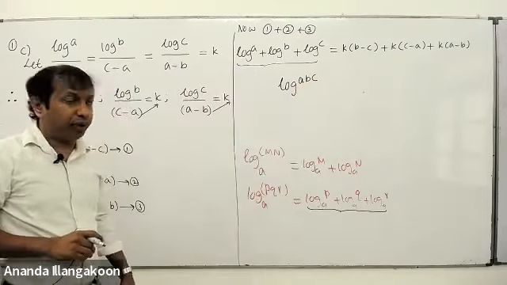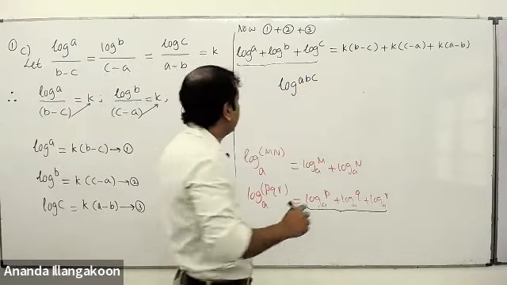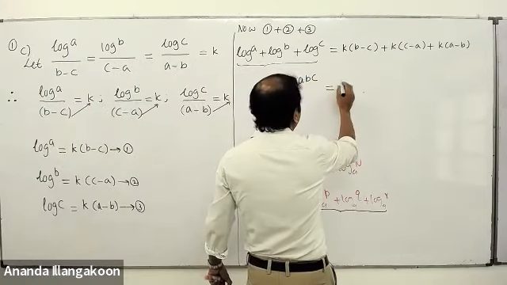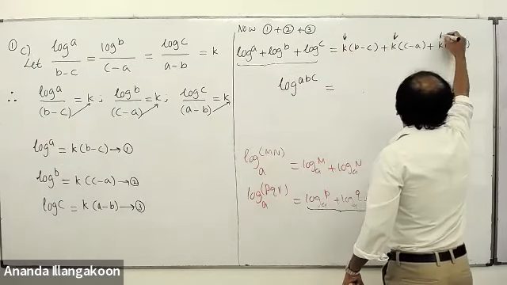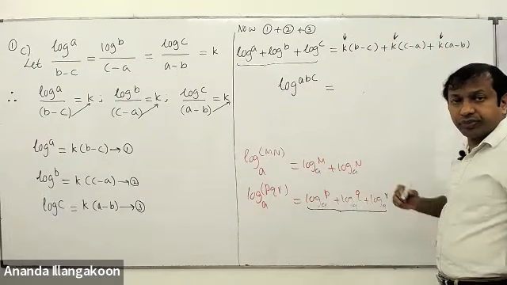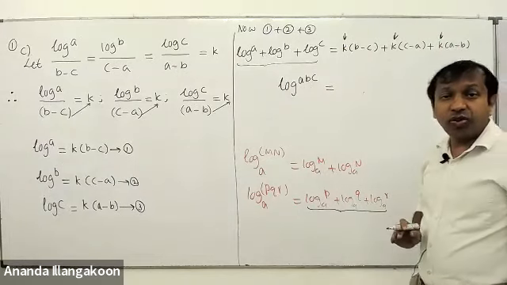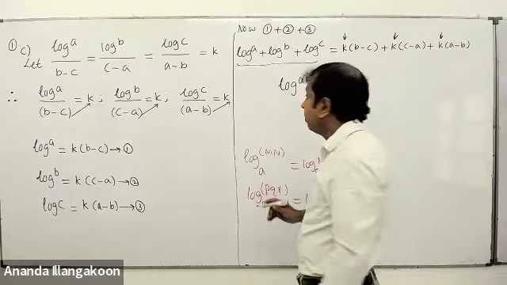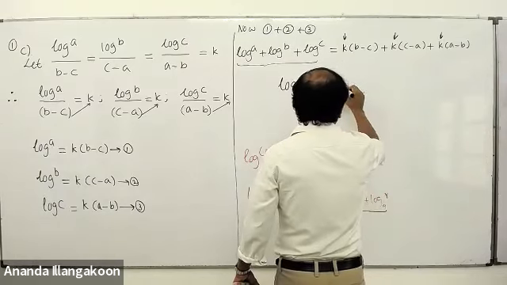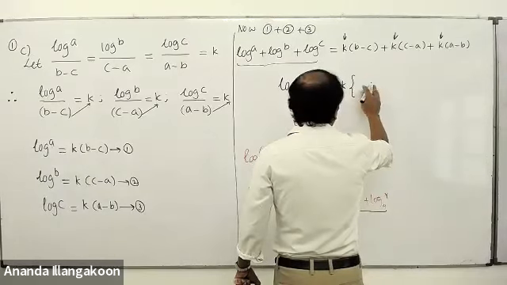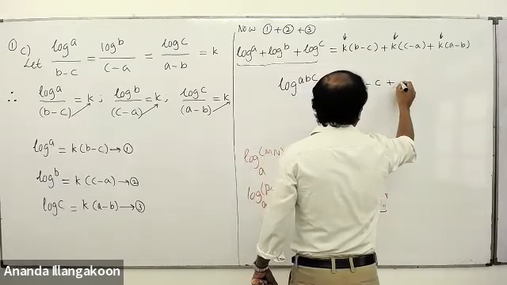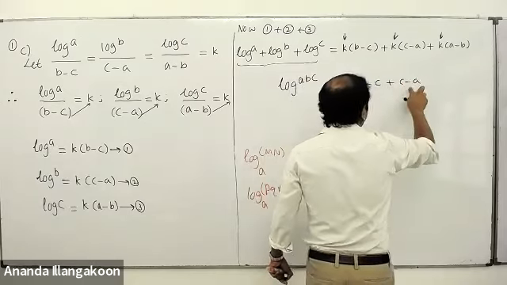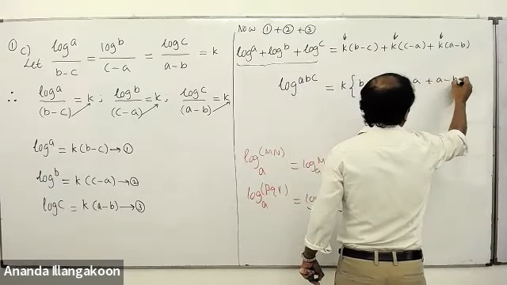Now on the right hand side, see, here we have k, here we have k, here we have k. That k you can take out as a common factor from the right hand side. Once you take that k out, we open a bracket. Within the bracket we must write b minus c, c minus a and a minus b.